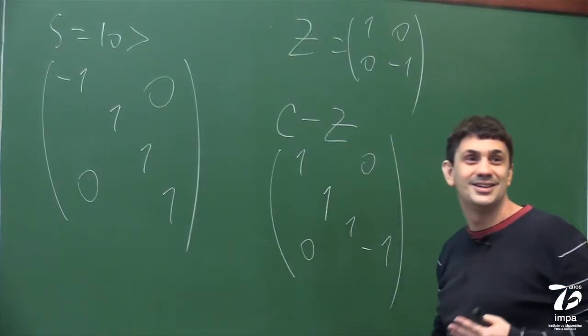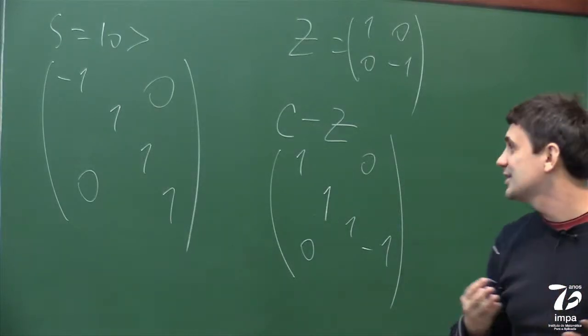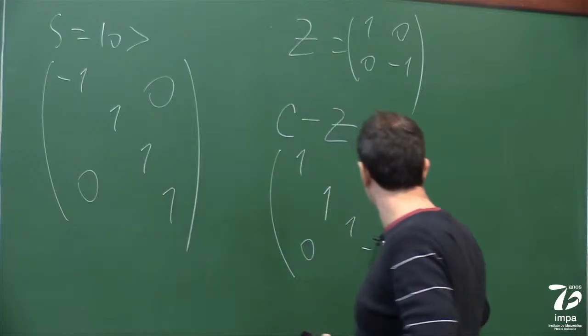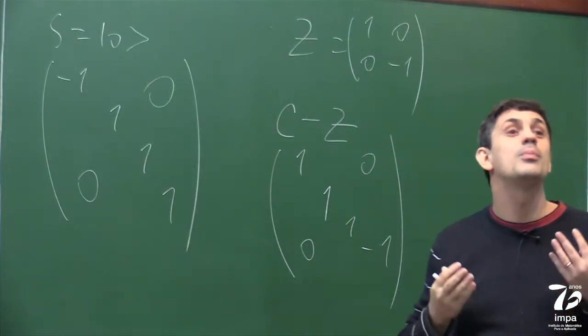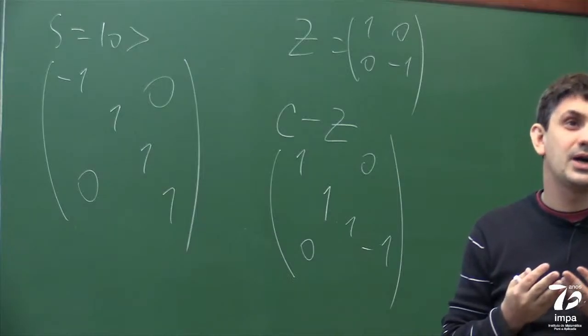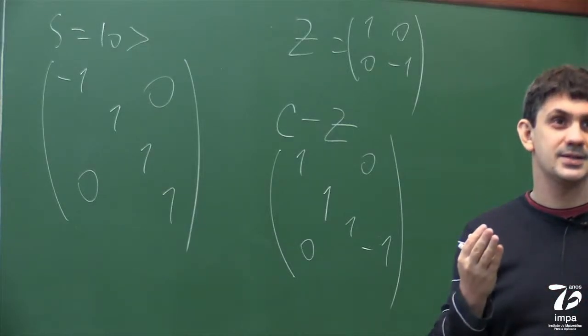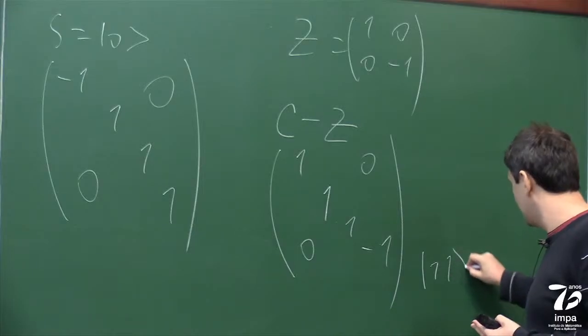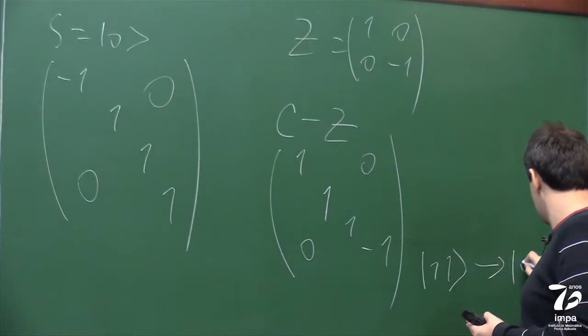Aha! It has almost the same structure. The only thing is that the minus 1 is not in the proper position. So our goal becomes to change basis so that the vector 1, 1 becomes 0, 0.